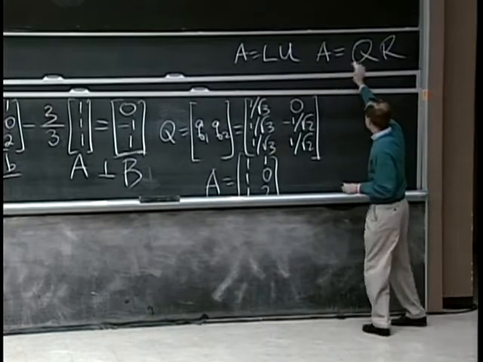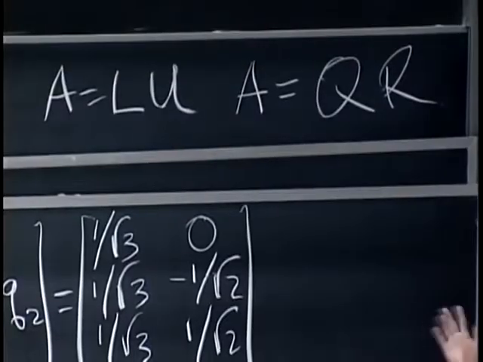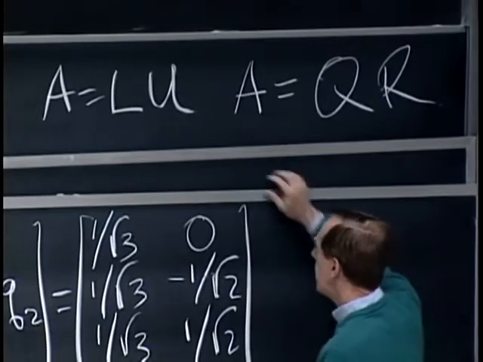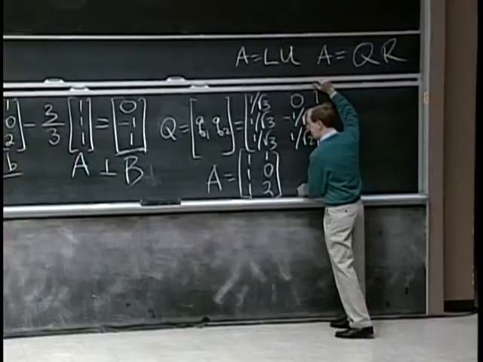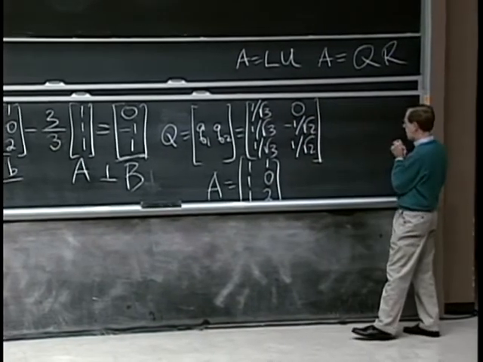It's the expression of Gram-Schmidt. So that's my final step, A equals QR.